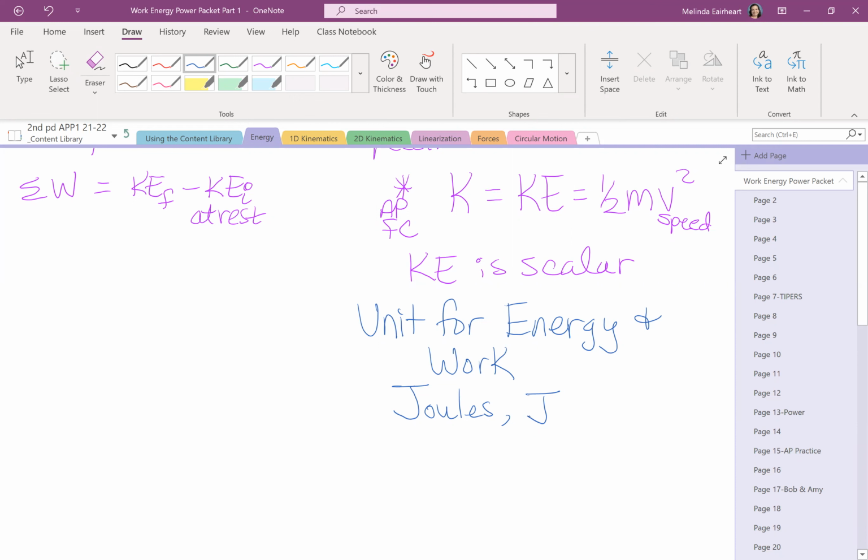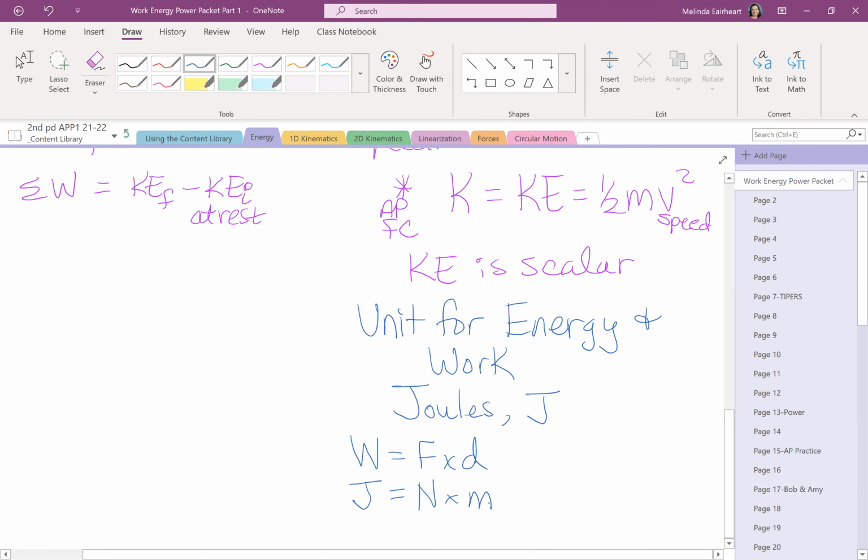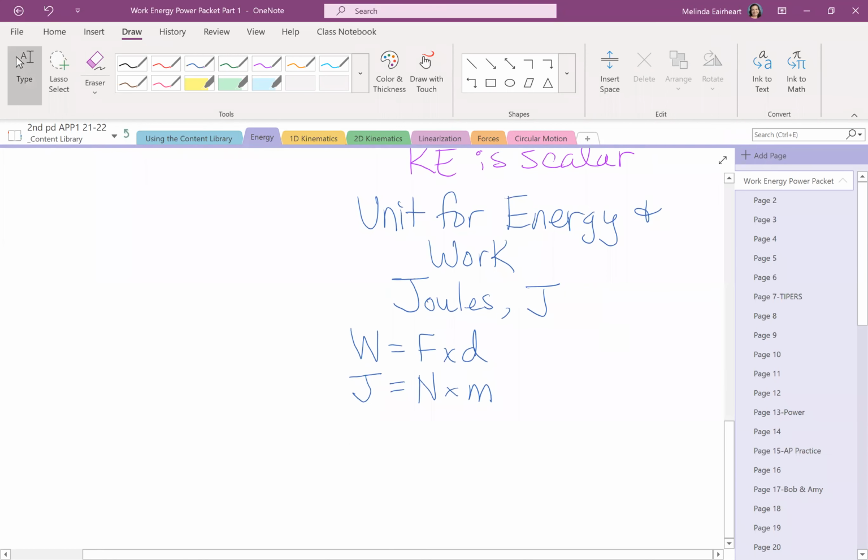Now, if we look at what makes up a joule, if you remember, work was equal to a force times distance. What's the unit for force? A Newton. And what's the unit for distance? Meter. And so a Newton meter is equivalent to a joule. So technically both are correct.